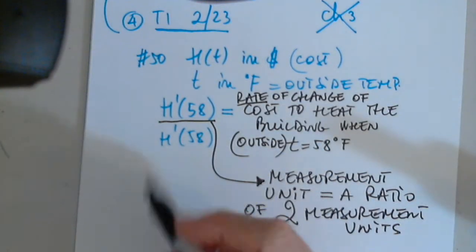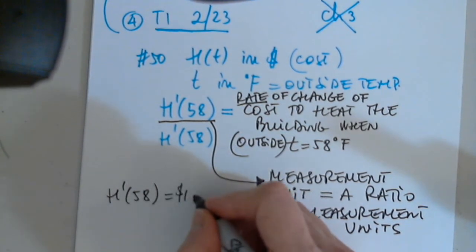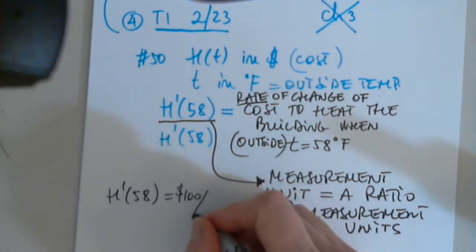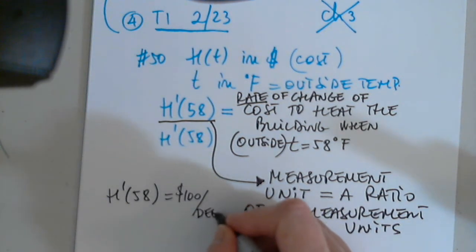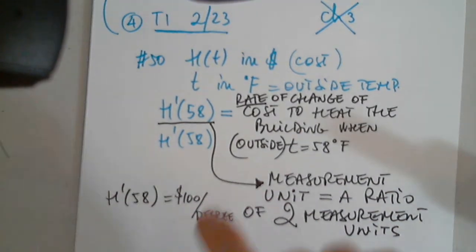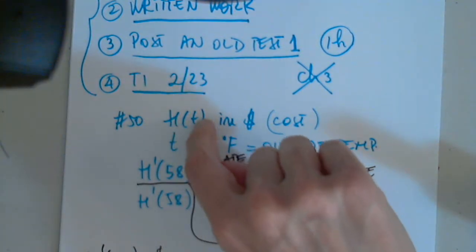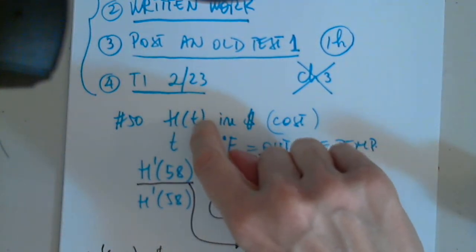So when I determine h prime of 58, let's say it's $100 per degree Fahrenheit, outside temperature, because this is the function and it depends on the temperature outside.